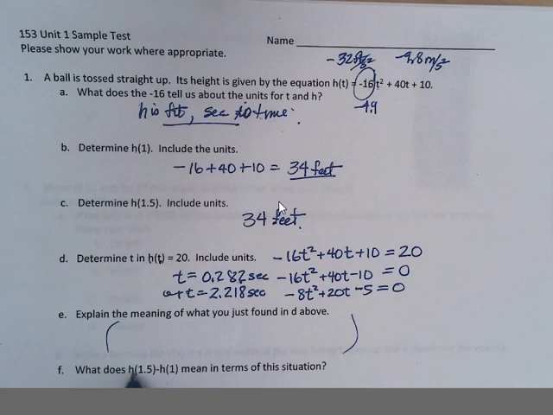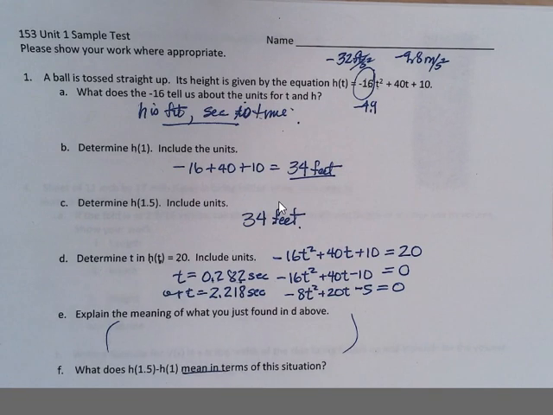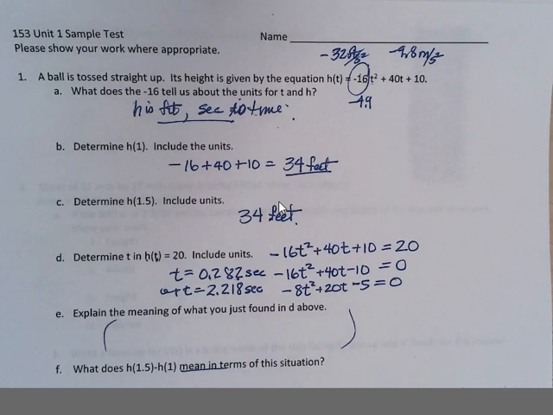And what does h of 1.5, the height at 1.5 seconds, minus the height at 1 second, mean in terms of this? What does it mean? It doesn't ask for the answer. It just says, what does it mean?